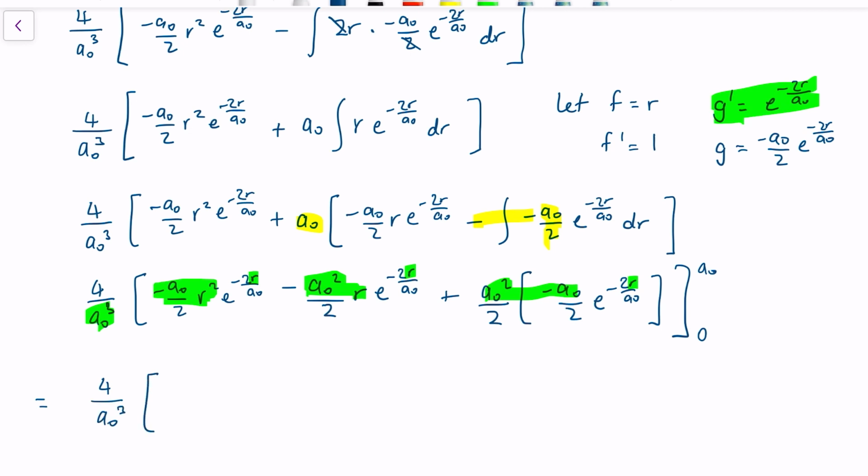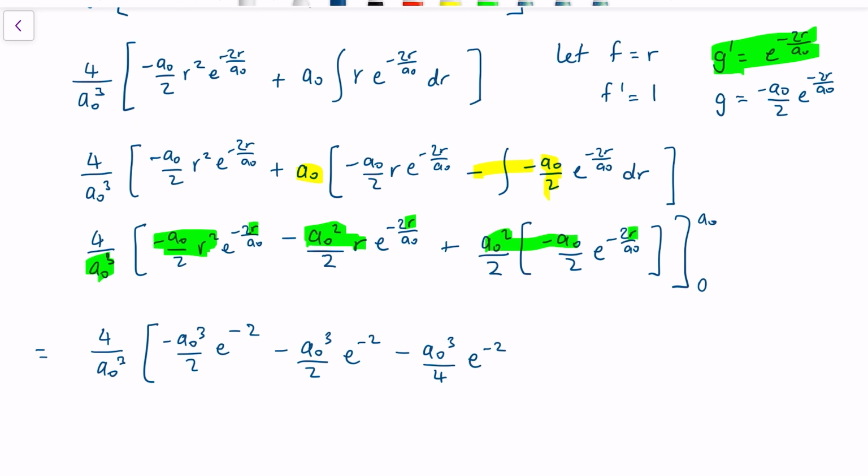Okay, we've subbed in a naught: minus a naught cubed over 2 e to the minus 2. The a naughts cancel in the power. Minus another a naught cubed over 2, minus e to the minus 2 as well. And then the last one, minus a naught cubed over 4, e to the minus 2.